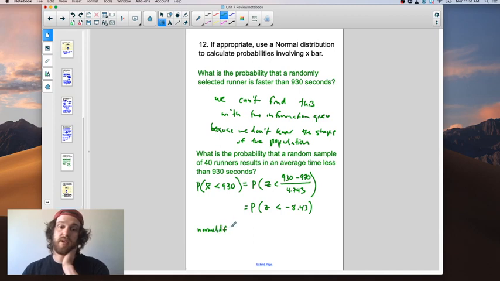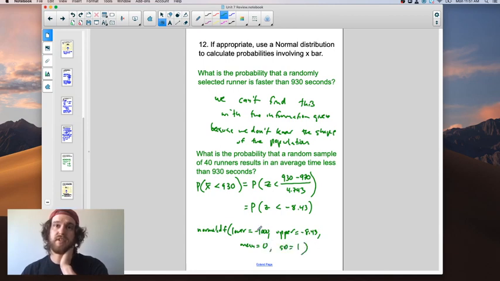It's going to be a very, very small number, with lower equal to negative 1,000, upper equal to negative 8.43, mean equal to 0, and standard deviation equal to 1 for the standard normal distribution.